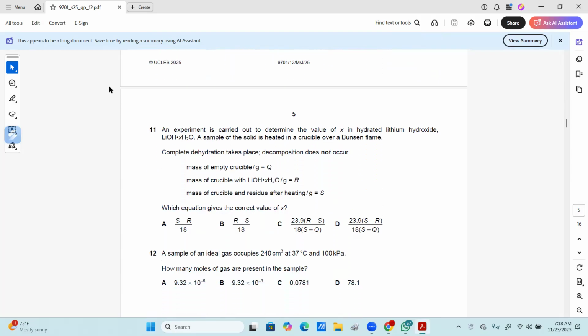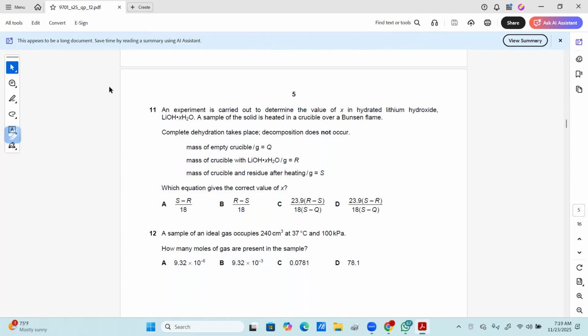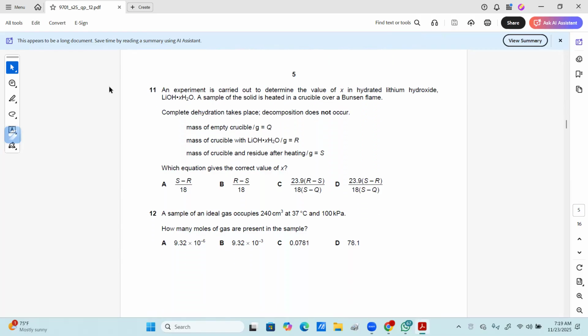The 11th one, an experiment is carried out to determine the value of X. Okay, so normally complete dehydration takes place, decomposition does not occur. So first we need to find the mass of the hydrated one. For that, mass of LiOH.xH2O is equal to R minus Q. Mass of crucible and residue after heating.